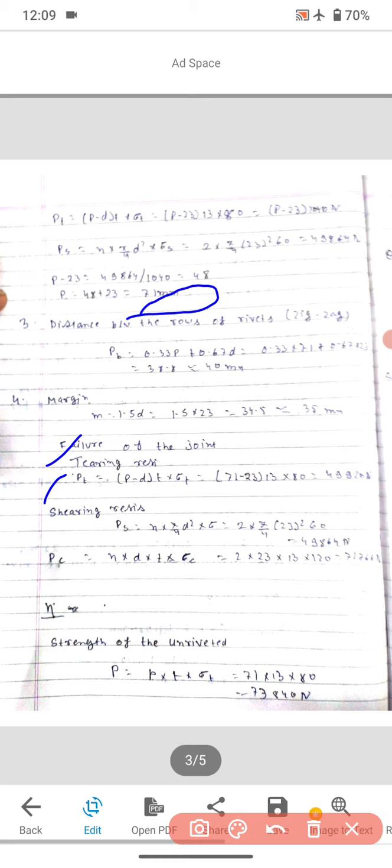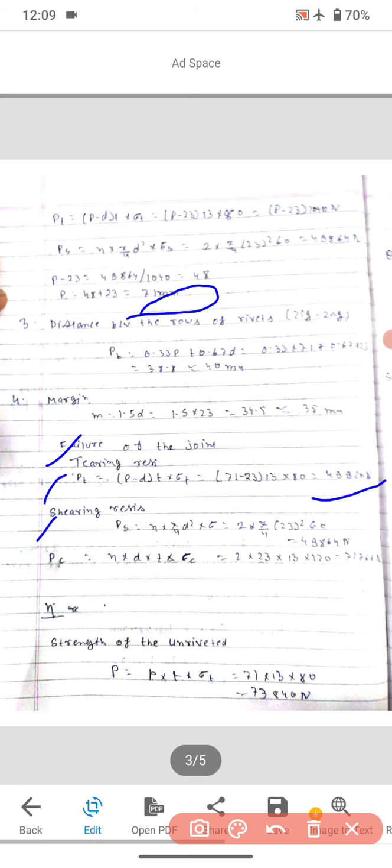So 71 minus 23, the hole diameter, multiplied by 13, which is the thickness, into sigma t, the tensile stress value, and you may get the value 49920 Newton. You may check with your calculator also.